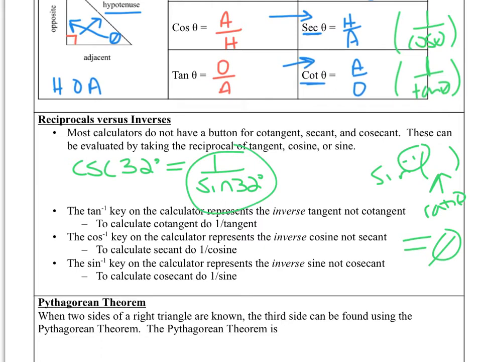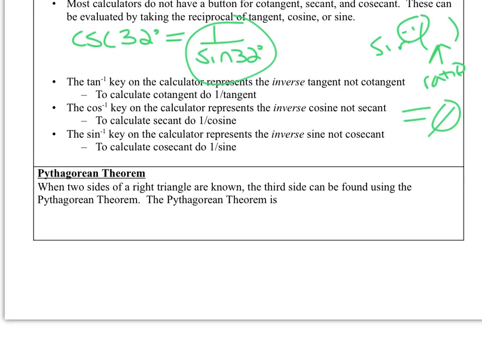Those are 2 different things. So if I want to find any of these reciprocal ratios, I would have to do 1 over the corresponding ratio. Normally, we won't really do that, or at least in this unit, we'll look at solving some different things in the spring, and we might need a little bit more.